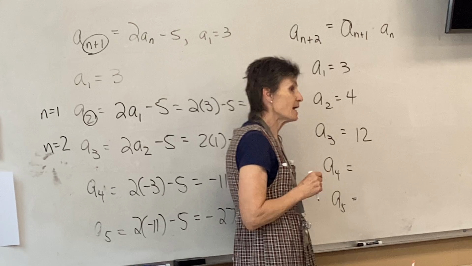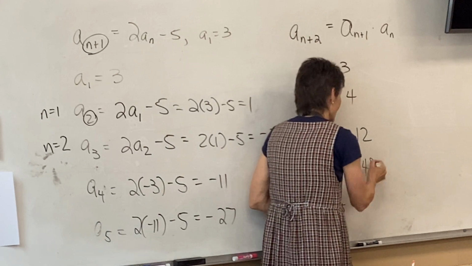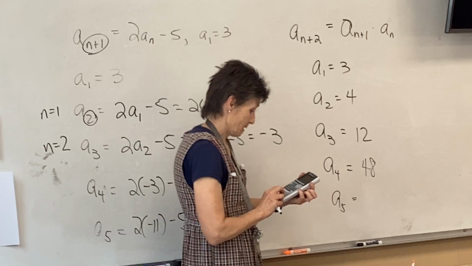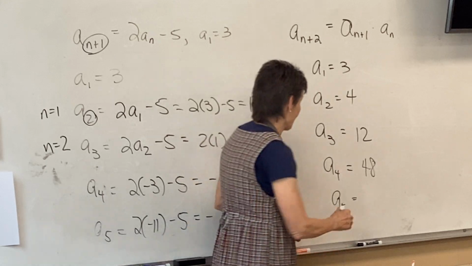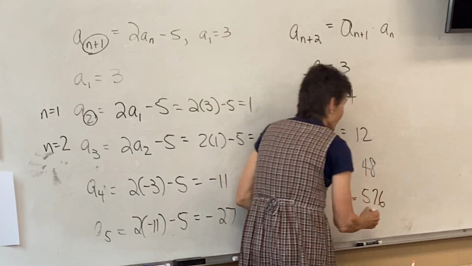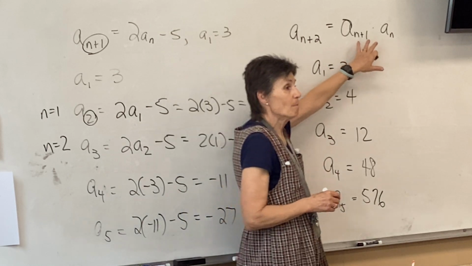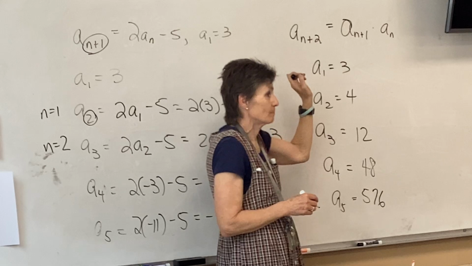Now how am I going to find the next one? I'm going to multiply 4 and 12, yep. And then I'm going to multiply 576. And that's it. This tells me that if I multiply 2 consecutive terms, I get the next term.